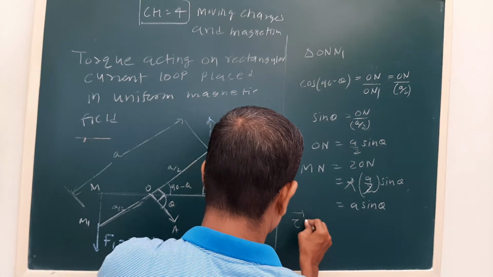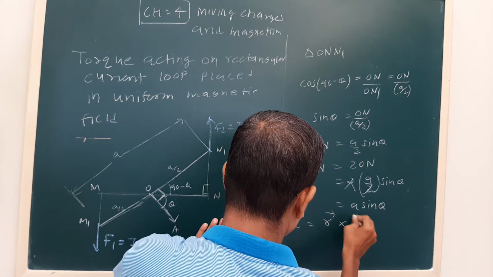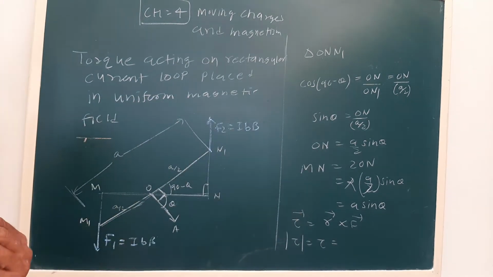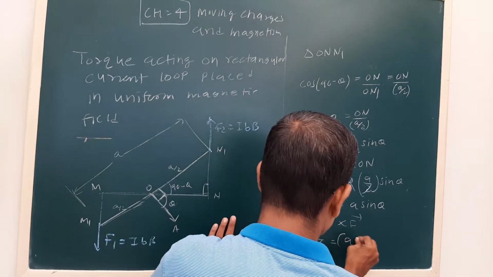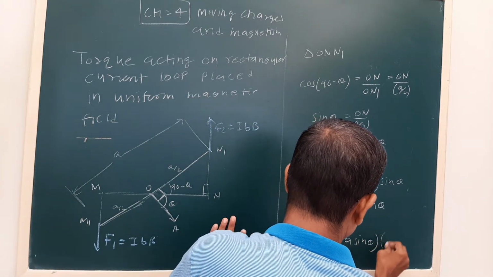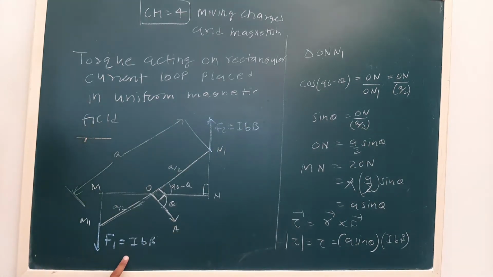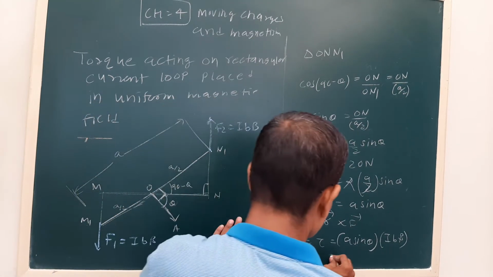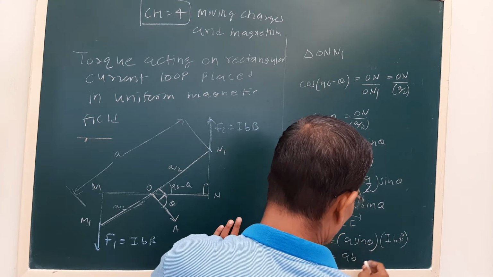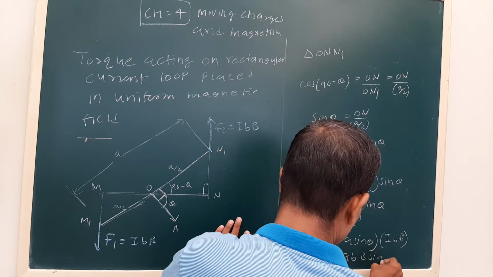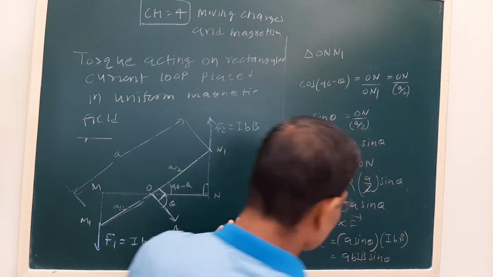Now see, torque is equal to R cross F. Here we write only the magnitude. R is the perpendicular distance, that is A sin theta, and force is IBB, that we have seen here. So now we can write it is small a into small b, B sin theta, I also is there.